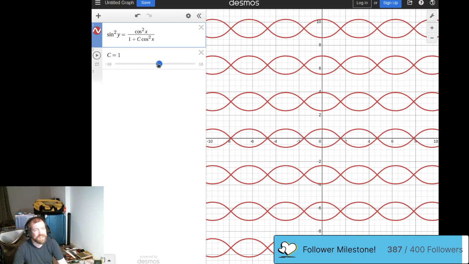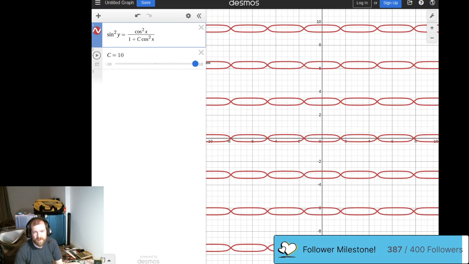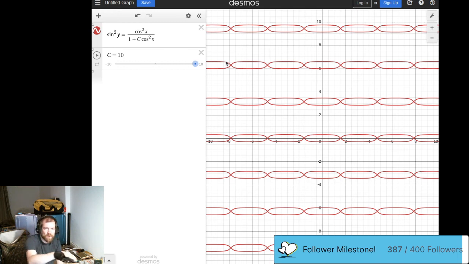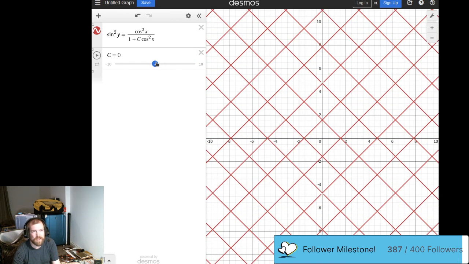That's going to be nice. C equals 1, we get this interlocking grid of cosines. If we increase c, they collapse, become smaller, shorter. They get to be almost like square waves. Then if we bring this down closer to 0, they interlock with each other.